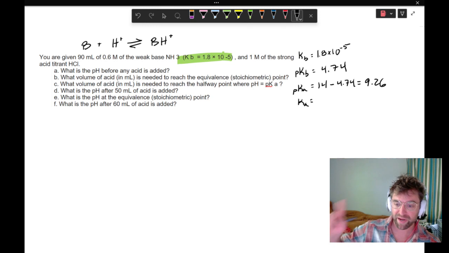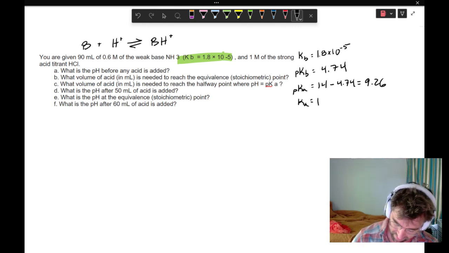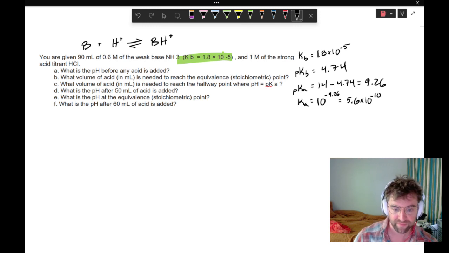Working backwards from pKa, it's simply 10 raised to the negative pKa. So 10 to the negative 9.26 equals 5.6 times 10 to the negative 10. I think that's everything that we're going to need for this set of problems.